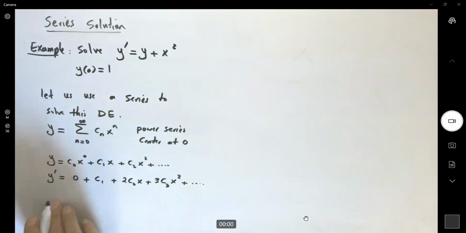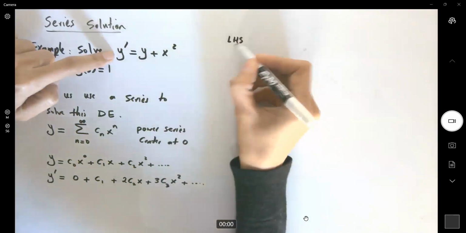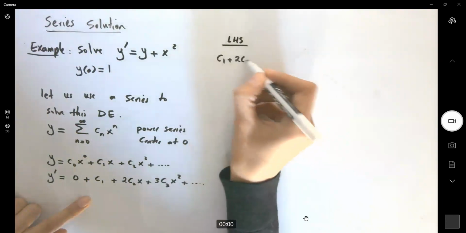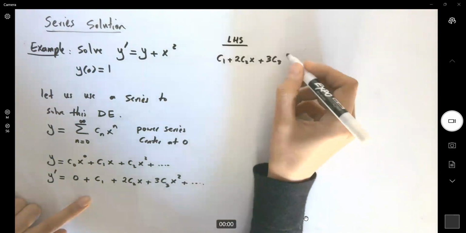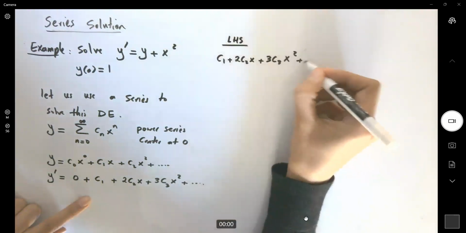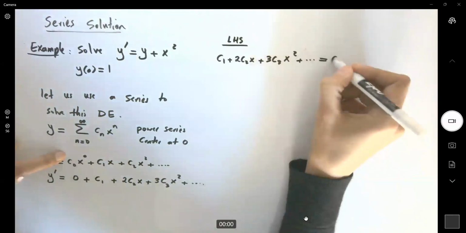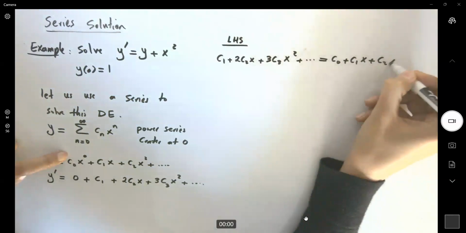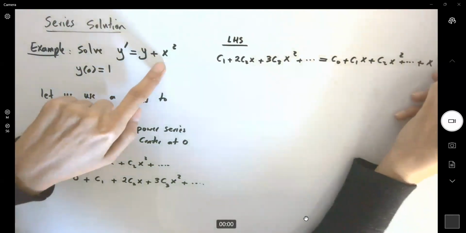So now let's do the substitution. On the left-hand side, we're going to have c1 plus 2 c2 x plus 3 c sub 3 x squared plus the rest of the terms. And on the right-hand side, you're going to have your y, which is equal to c sub 0 plus c1 x plus c2 x squared plus the rest of the terms, and don't forget to write down the x squared.